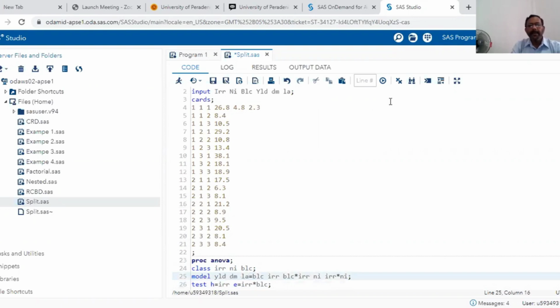It will give 3 different ANOVAs for 3 different parameters: yield, dry matter, and leaf area. So I will just put an example.